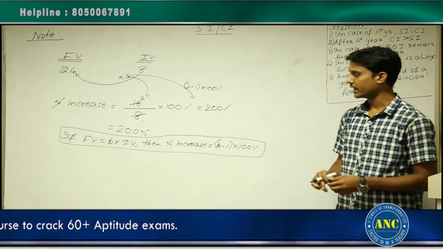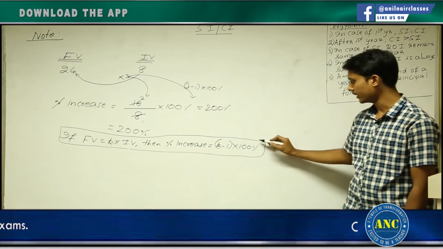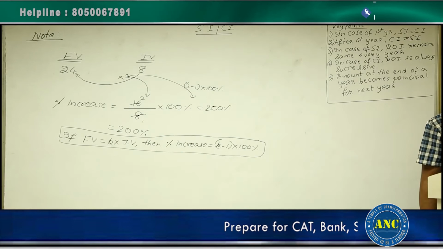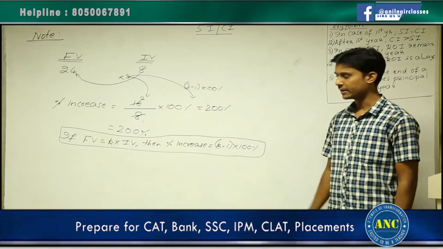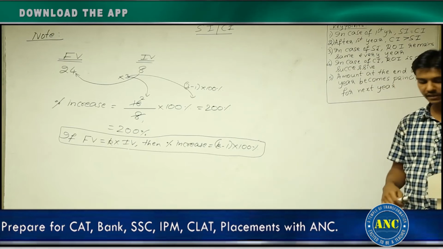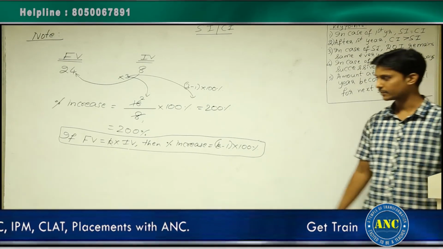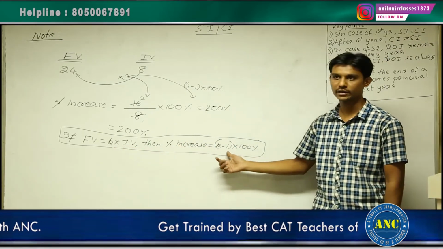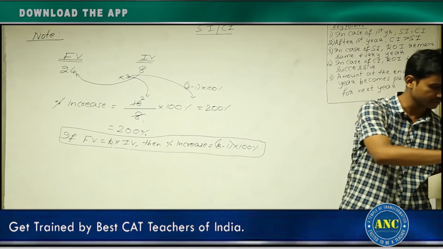If the final value is k times the initial value, then the percentage increase is (k minus 1) into 100%. This is the proof for it. Remember that. If it is k times, your answer is (k minus 1) into 100%.